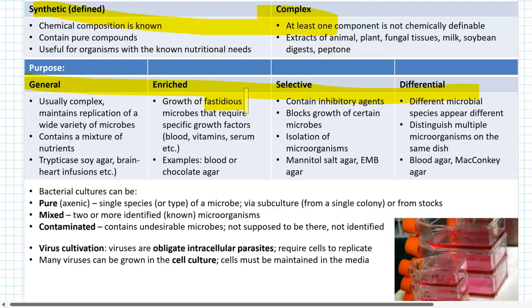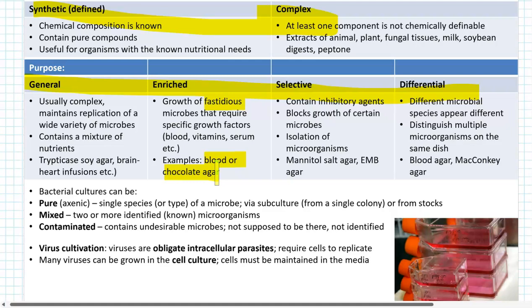For example, members of the genus Neisseria cannot grow without a significant presence of iron in the medium. So if you want to grow Neisseria, you will use blood or chocolate agar. Both types contain blood. In one case it's fresh, in another case it's cooked.